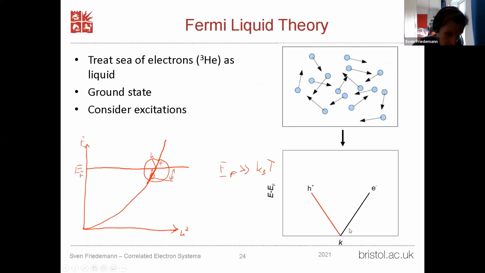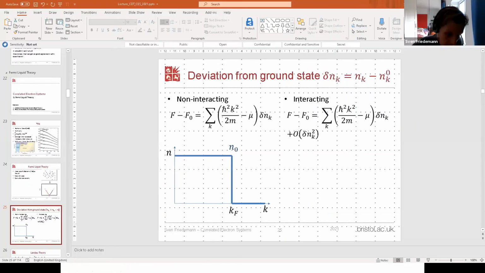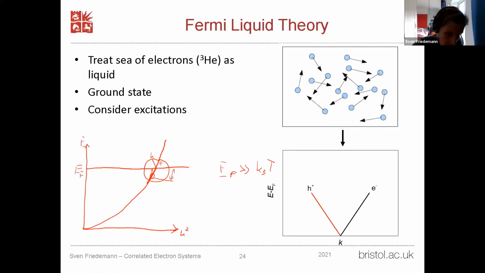So how much does it cost us to put an electron into an unoccupied state? How much does it cost us to remove an electron from an occupied state, or in other words, create a hole? But what we want to ask next is, how is the total system transformed by doing this?